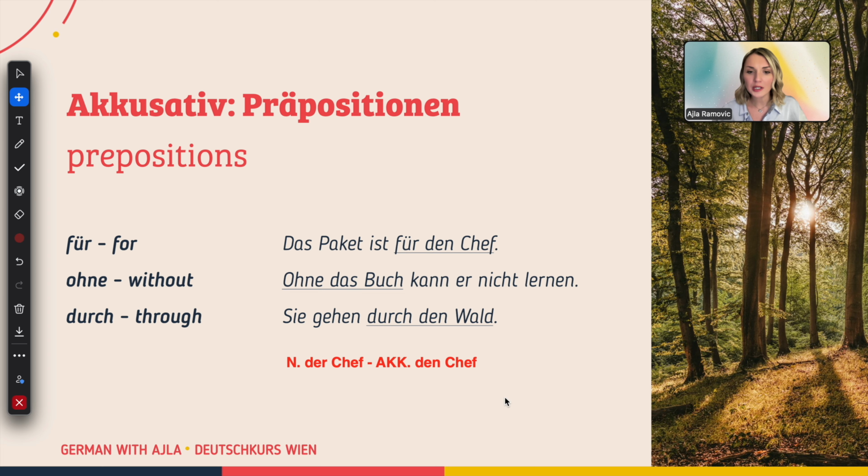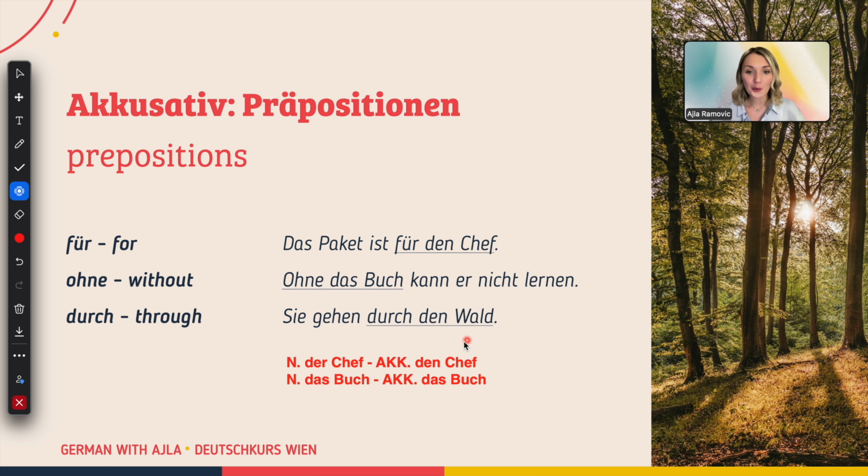And the last preposition I want to show you today is durch. Durch means through. Durch, through. For example, sie gehen durch den Wald. They are going or walking through the woods. Sie gehen durch den Wald. Here, durch is used with accusative because this is just the grammatical rule. And here we actually again use a masculine noun.